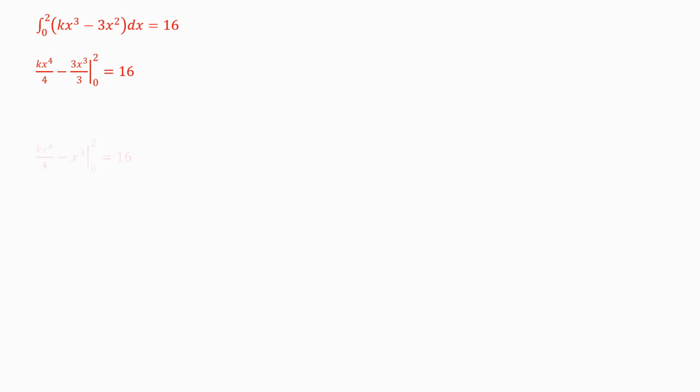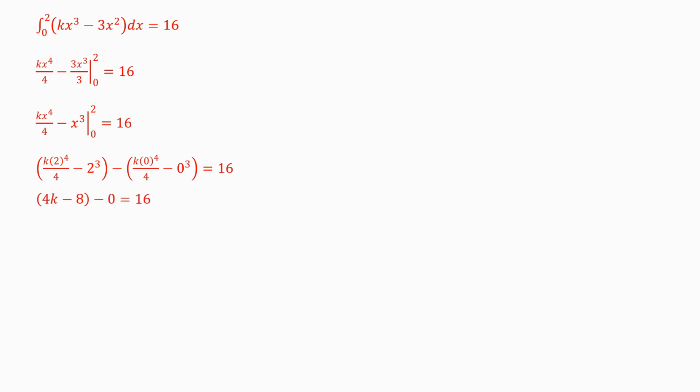Then we can simplify this and remain with kx raised to power 4 over 4 minus x cubed between 2 and 0 is equal to 16. So we substitute the values of x. We shall have k into 2 raised to power 4 divided by 4 minus 2 cubed, minus k into 0 raised to power 4 over 4 minus 0 cubed, is equal to 16.